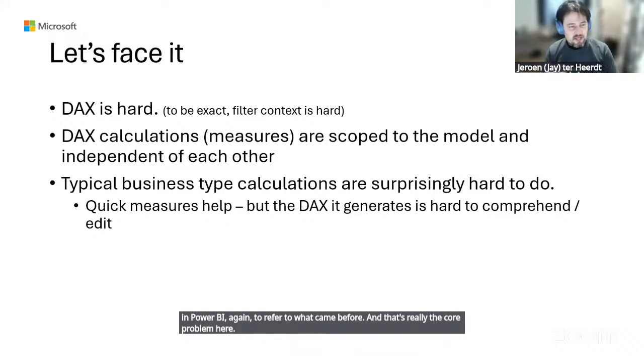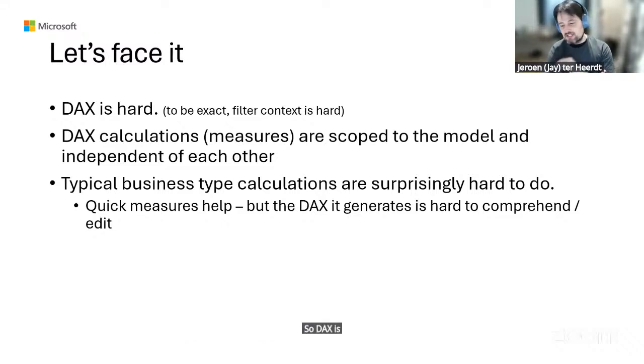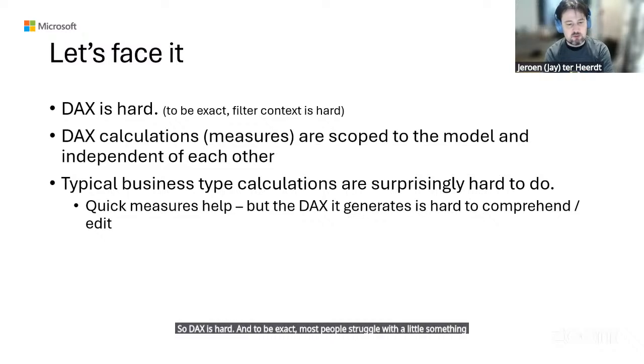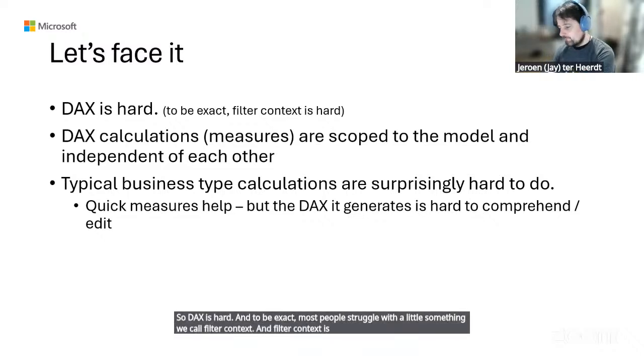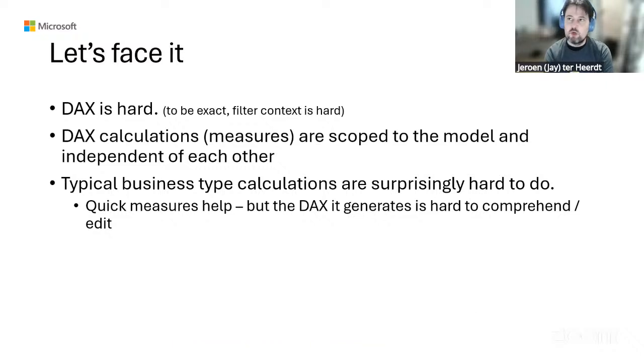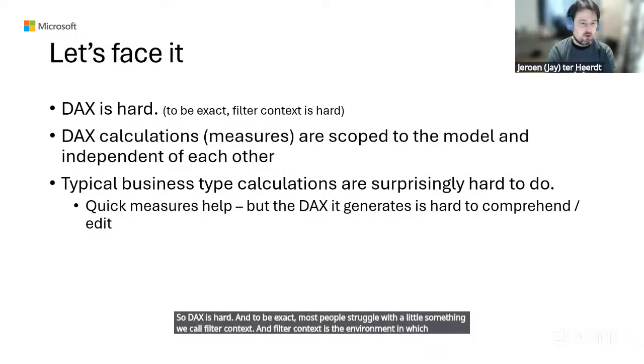So DAX is hard. And to be exact, most people struggle with a little something we call filter context. Filter context is the environment in which measures, and any calculation in DAX, get evaluated. So what does that mean?